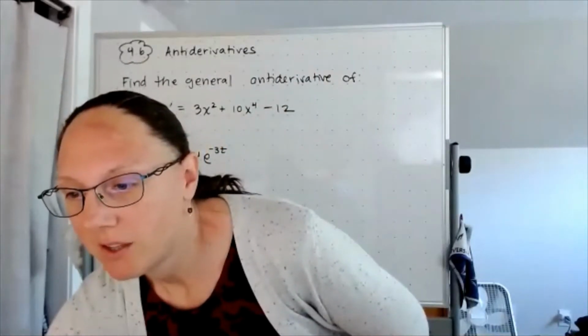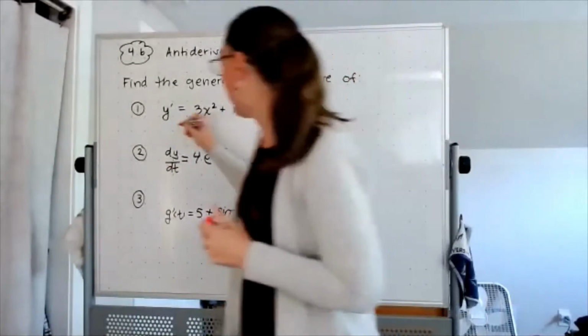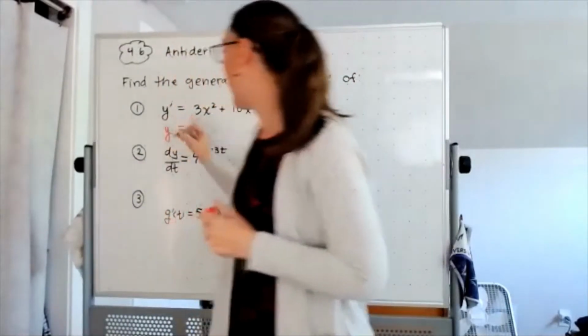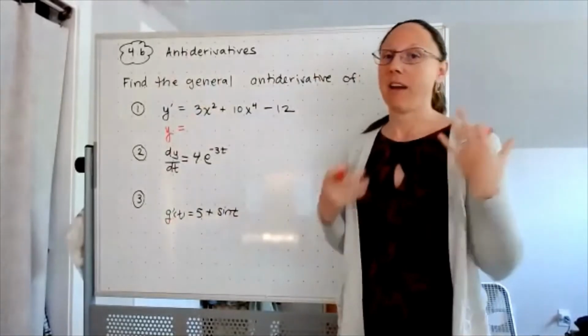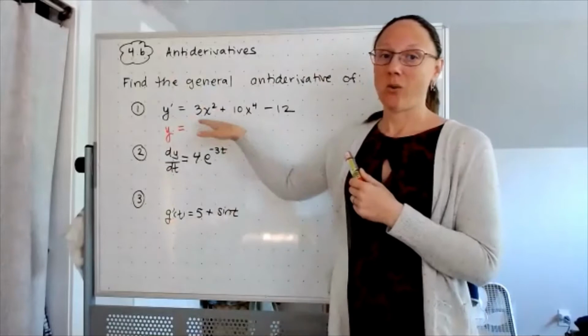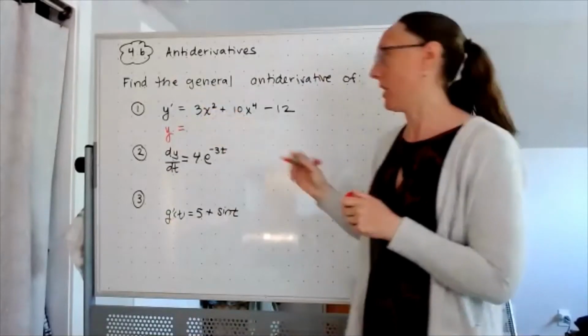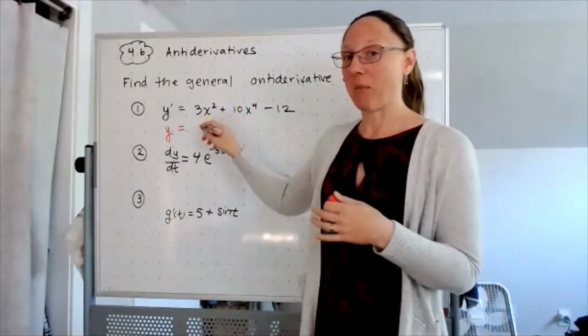Okay, so here we go. If I'm finding the antiderivative, I'm going to use that basic rule. This thing's a polynomial, so I'm going to add 1 to the exponent and divide by the new exponent. And I'm going to do a little bit of the math in my head here.